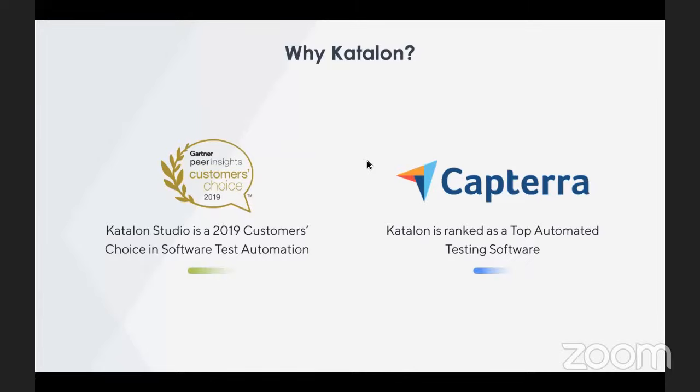If you have a chance to take a look at Gartner, we have more than 500 ratings there with an average score of 4.4. So there are a lot of good reviews there. To get to know Katalon Studio, I think you should read the comments. It's a very good choice for reference. We also rank at the top of automated testing software in Capterra as well.